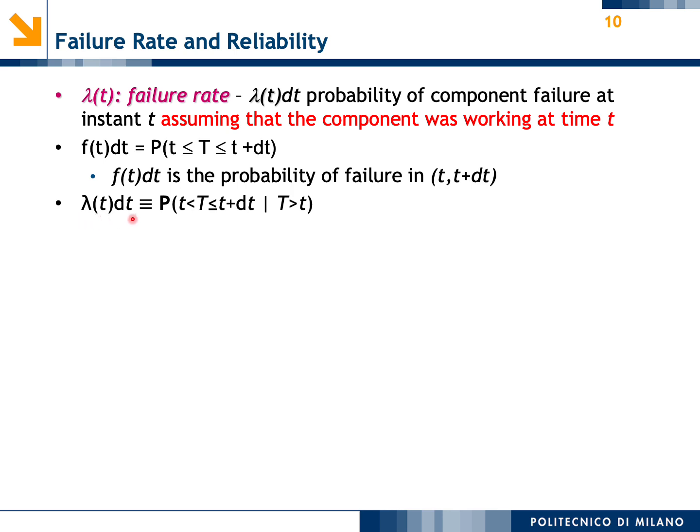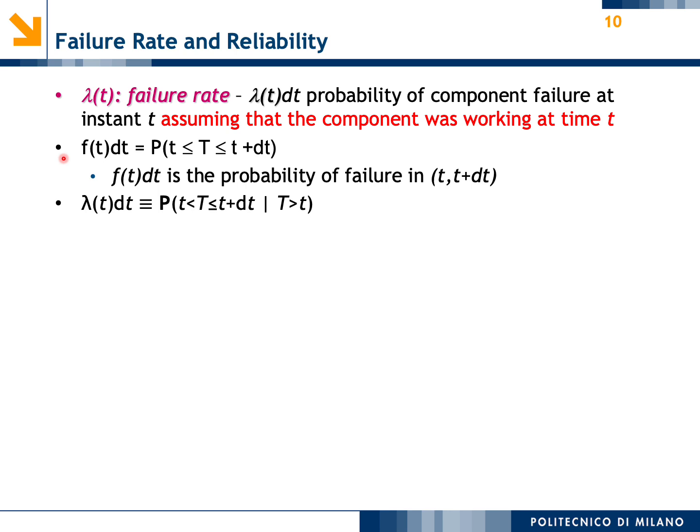Lambda t dt is the probability of failure of a component in a certain interval between t and t plus dt, considering that the component was working at the beginning of the interval. We have to pay attention because this is a small difference with respect to the probability density function that we saw before.